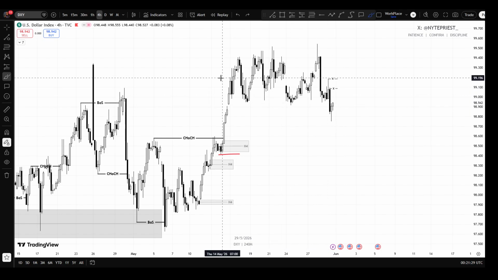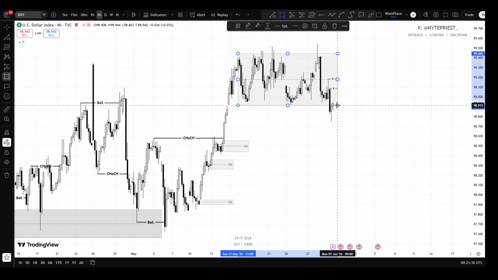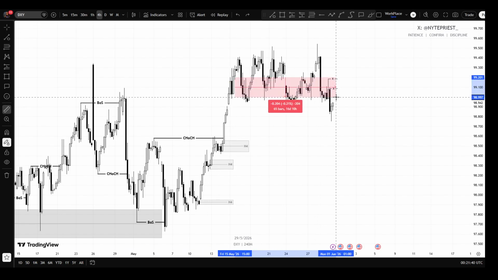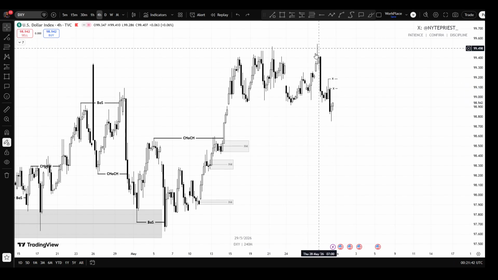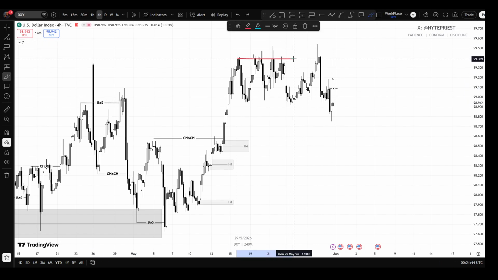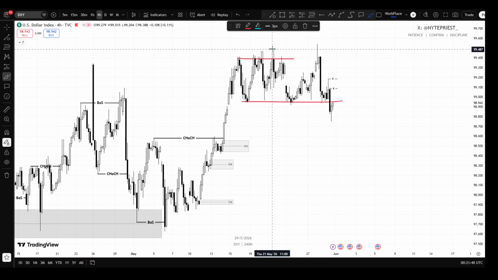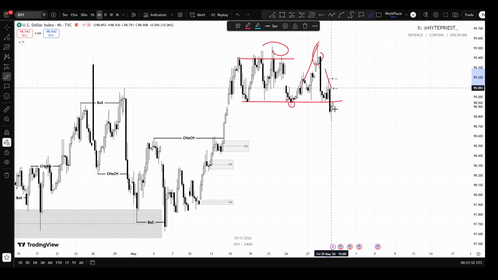On the internal time frame, you can see that we're ranging here. We range for 16 days on the H4. So break here, and then as you can see, price sweeps this high, then comes low to sweep the low, and then comes high to sweep the high, and then comes low again.